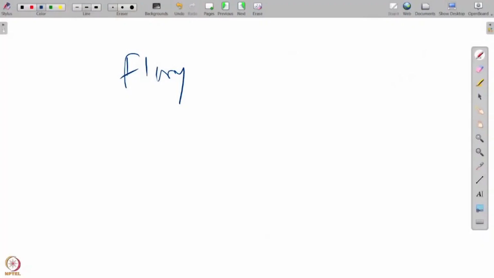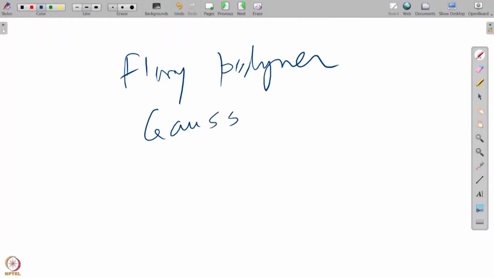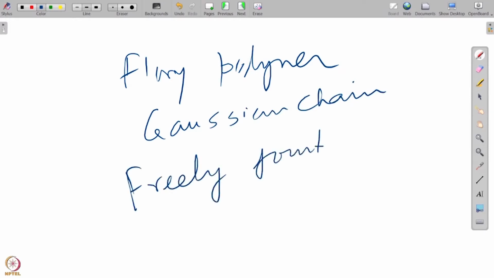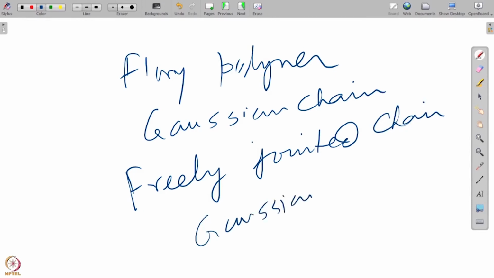In the Gaussian chain polymer, the freely jointed chain polymer, the Flory polymer, these are all the same name: Flory polymer, then Gaussian chain, then freely jointed chain. These are all Gaussian polymers. These are all the same things that we talk about. It essentially means that monomers don't interact with each other.